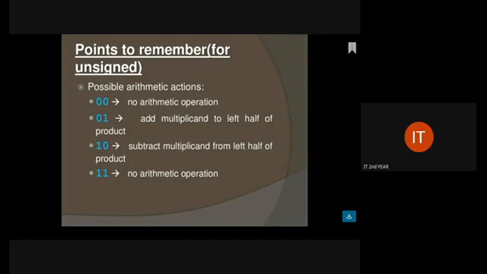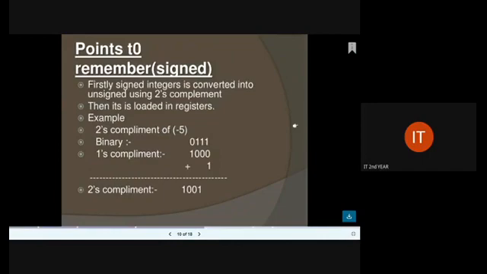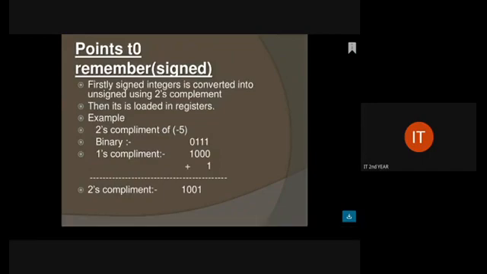While for 01 and 10: when 01 is present in our multiplication process, we have to add the multiplicand to the left half of the product, whereas 10 is the opposite, that is, we have to subtract the multiplicand from the left half of the product.